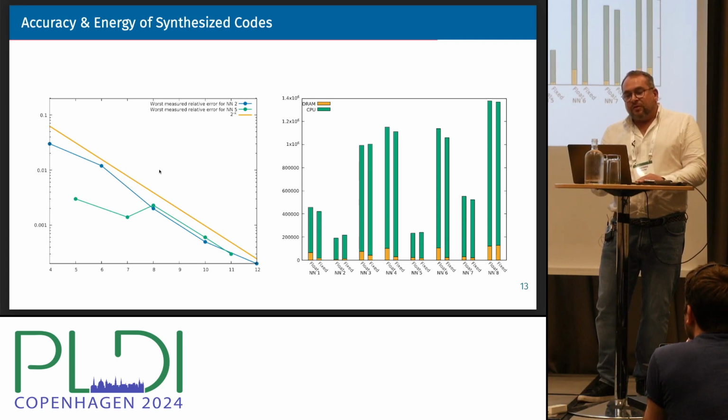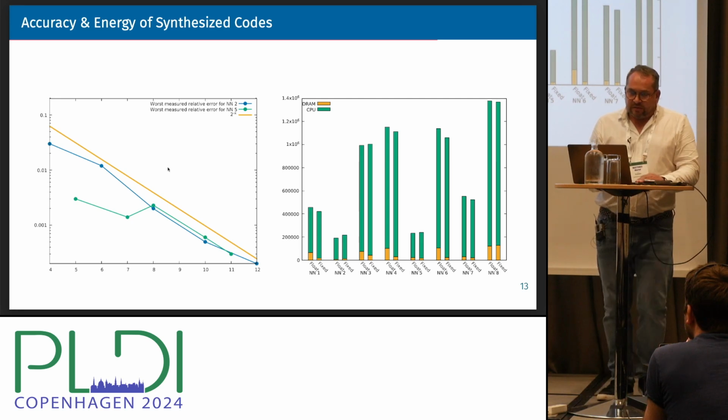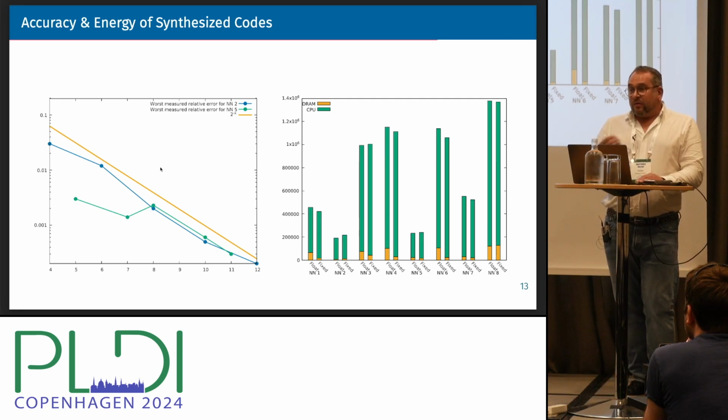If the measured accuracy is above the curve, then there is a safety problem. Our method is not safe. To be safe, we have to be below. But if we are too much below, it means that we have not optimized the system enough, because the goal is not to have the most accurate network.